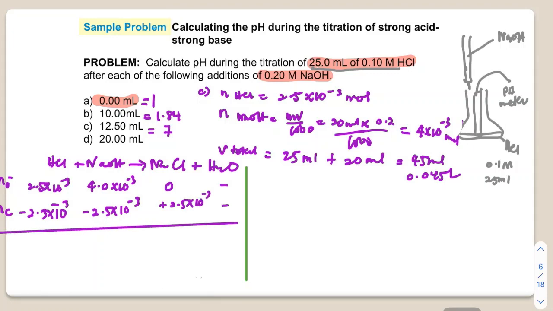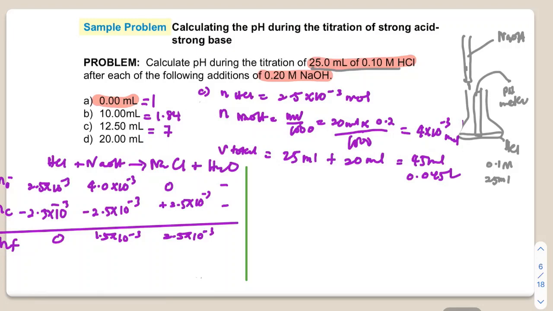So for n final, it will be 0 for HCl, no more left. We will have 1.5 times 10 to the power of negative 3 sodium hydroxide left, and 2.5 times 10 to the power of negative 3 mole of the sodium chloride that is formed.